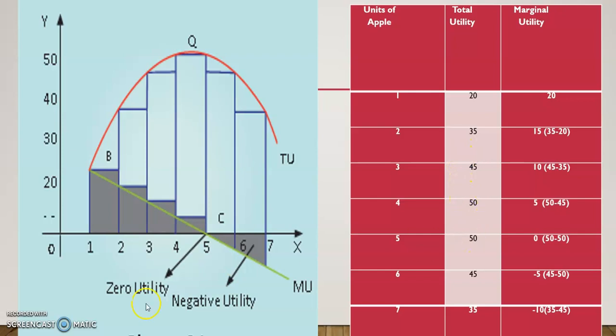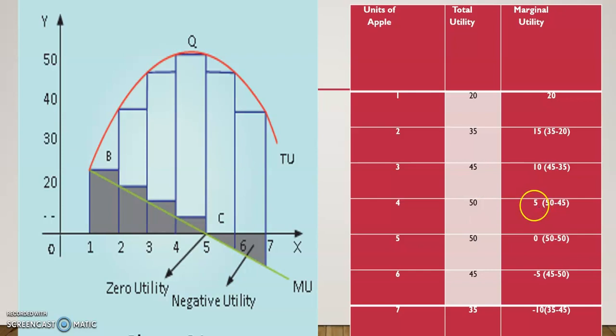Then he starts consuming the third unit. See, for the third unit it is decreasing a little from the second unit, but total utility is 45. What he derived from the third unit is only 10 utility. Then with the fourth unit it diminishes again. Total utility is 50, but marginal utility is only 5.